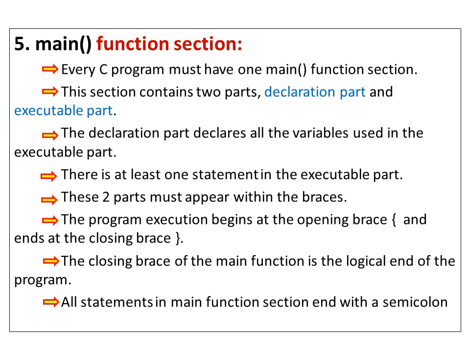These two parts must appear within the braces. The program execution begins at the opening brace and ends at the closing brace. The closing brace of the main function is the logical end of the program. All statements in the main function section end with a semicolon.